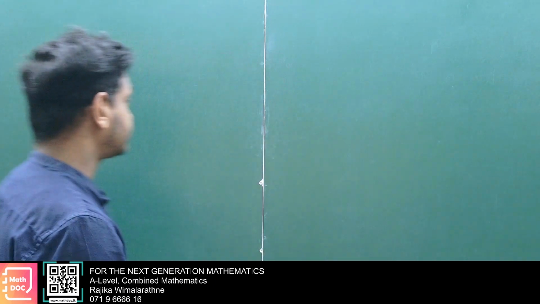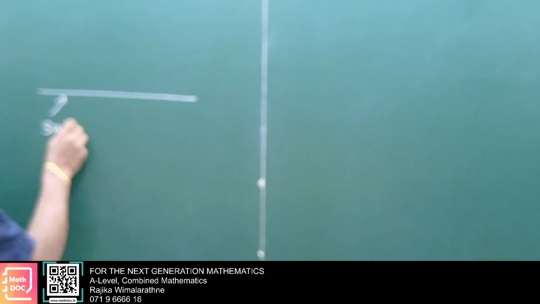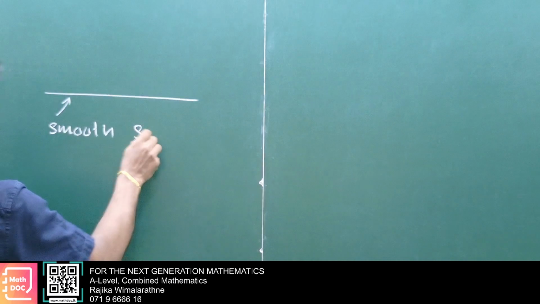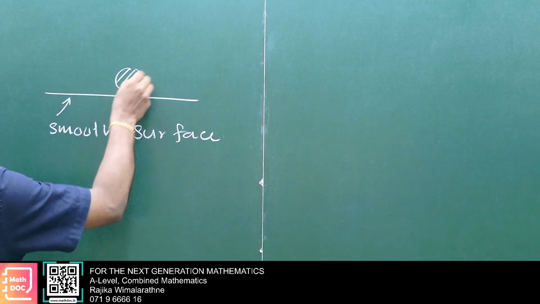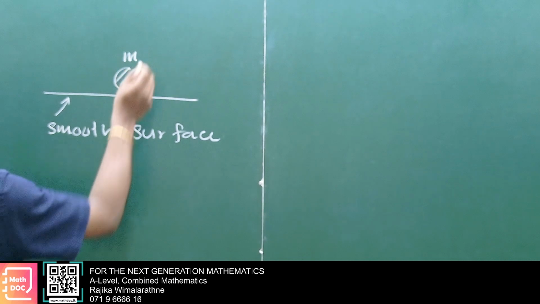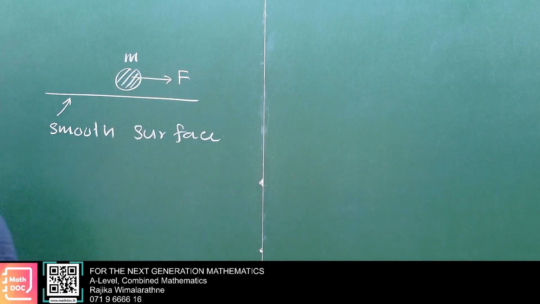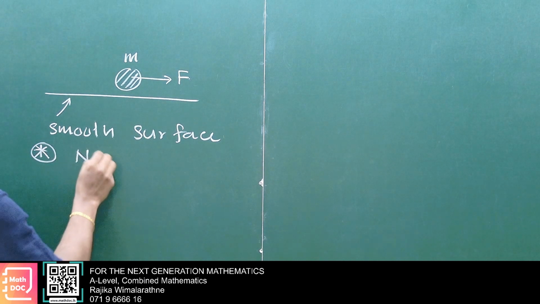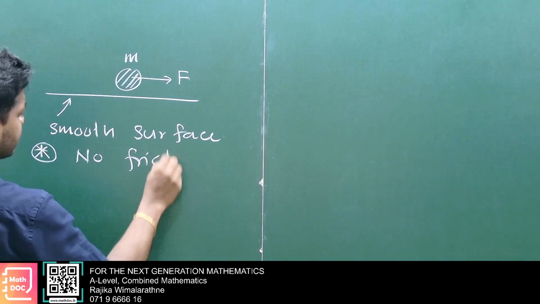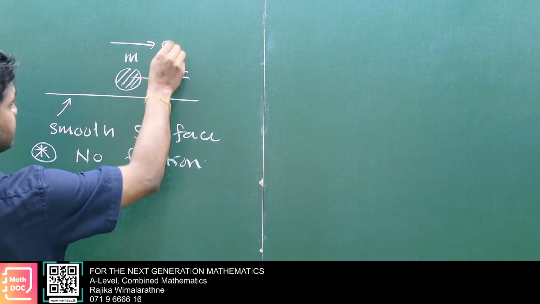Then consider a smooth surface here, and a particle of mass m. I'm going to give a force capital F. Here there is no frictional force, but there is an acceleration a.